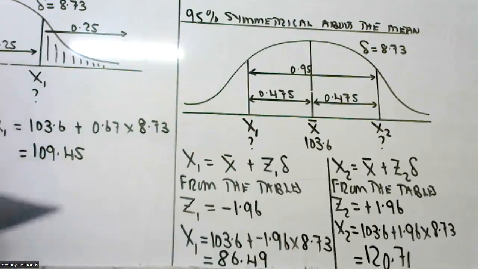Okay. Let's close now to question number 26. That says the Western National Bank is reviewing its service charges and interest-paying policies on current accounts. The average daily balance on personal current accounts is 5,500 with a standard deviation of 150 shillings.